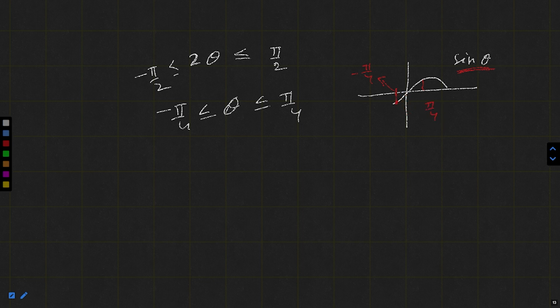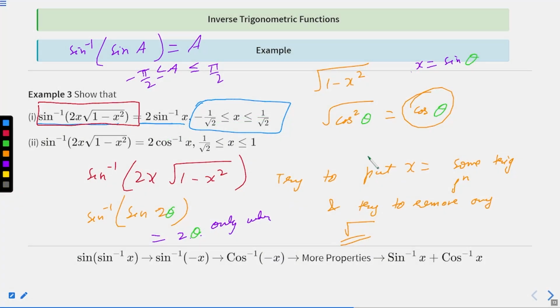At minus pi by 4, we will have minus 1 by root 2, and at plus pi by 4, 1 by root 2. So from this graph, sine theta must belong to the closed interval minus 1 by root 2 to 1 by root 2, and sine theta is x. So x belongs to minus 1 by root 2 to 1 by root 2.